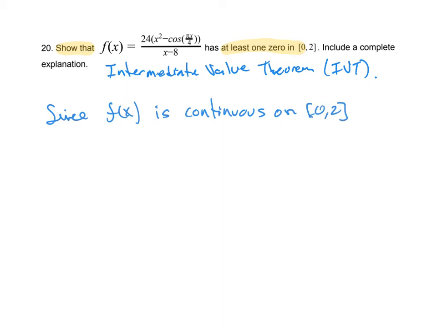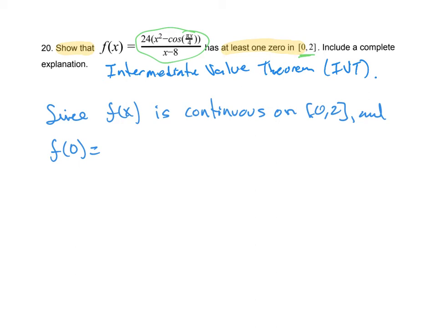And that's true because this function, the point of discontinuity is at 8, and 8 is not in [0, 2]. So since f of x is continuous on [0, 2], and f of 0 equals whatever f of 0 is. So let's do the math on that. You have to know the cosine of 0. The cosine of 0 happens to be 1.